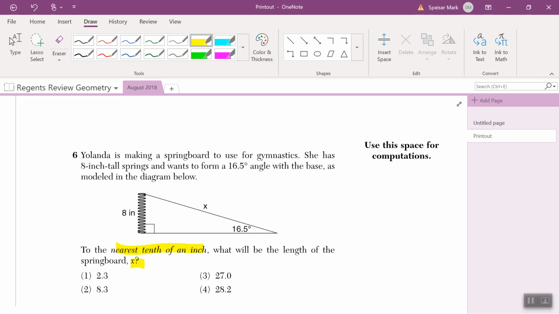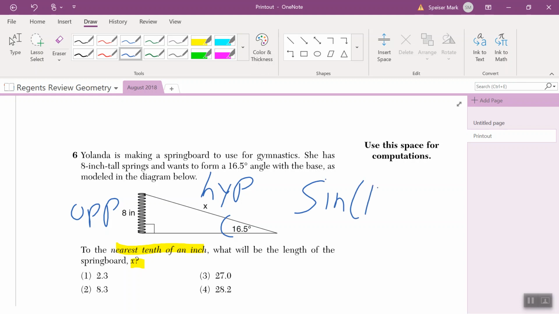So we have the opposite side, and we want to find the hypotenuse, so that is sine of 16.5 degrees equals 8 over x. Since x is in the denominator, you divide.